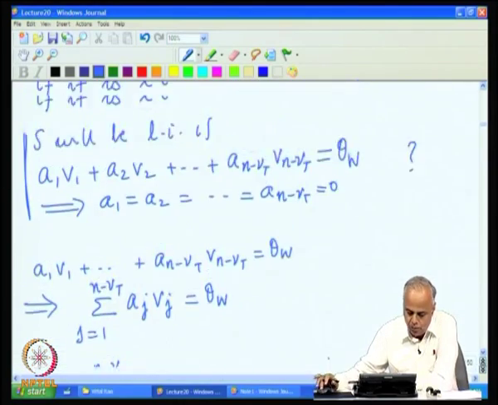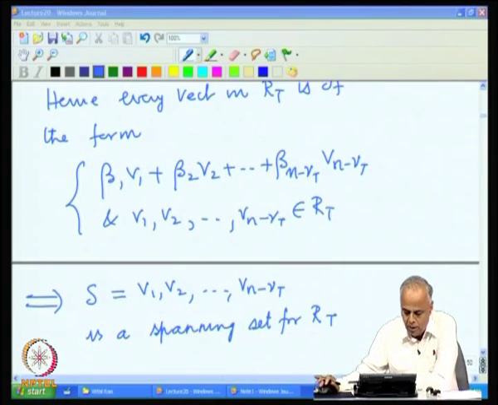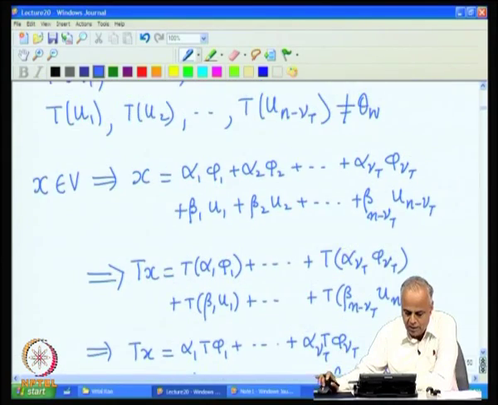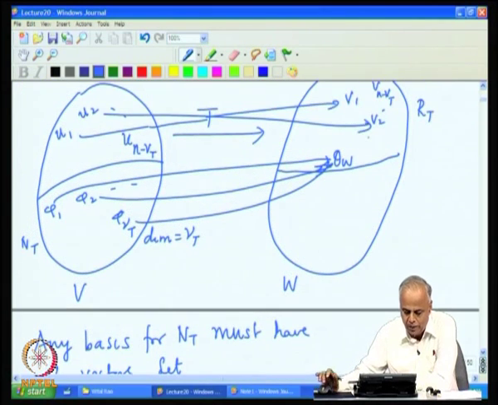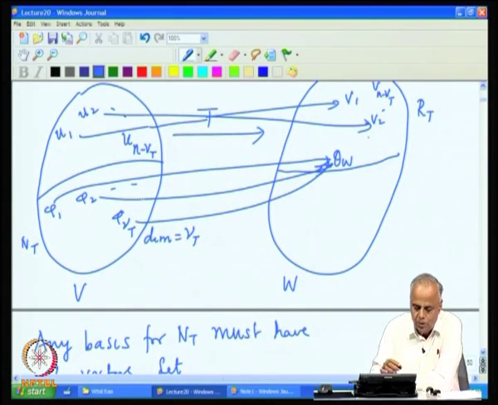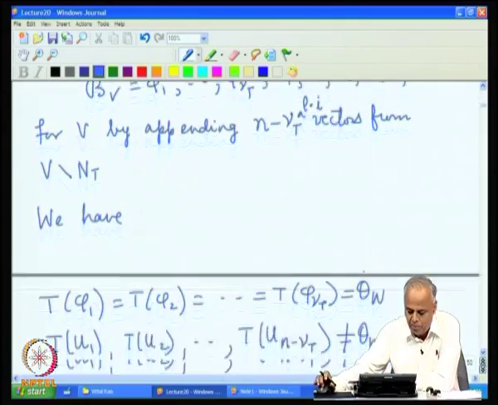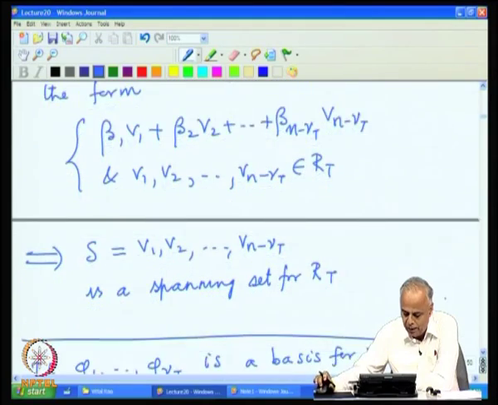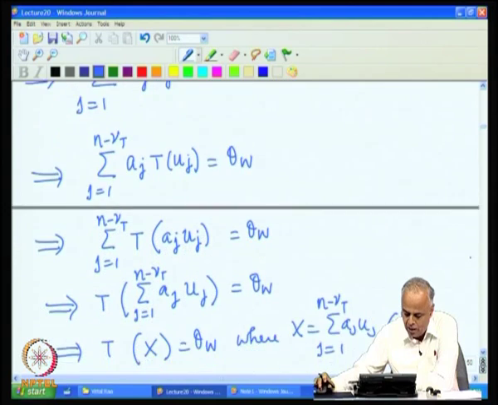Recall that the u vectors and the phi vectors together formed a basis for the V space. If you look at the way we constructed it, we had this picture in which we had the u vectors and the phi vectors together forming a basis for V. So, since the u vectors and phi vectors together form a basis, they must be linearly independent, and therefore, any linear combination of them vanishes only if all the coefficients are 0.